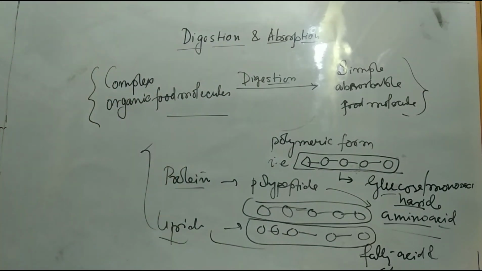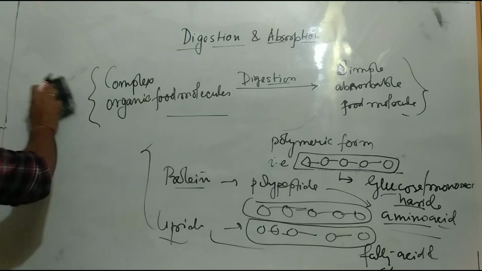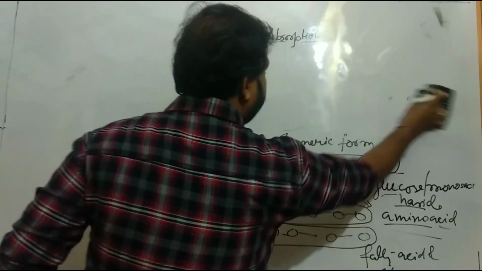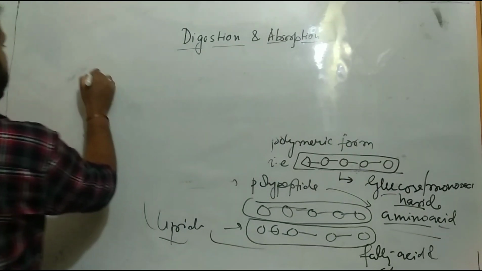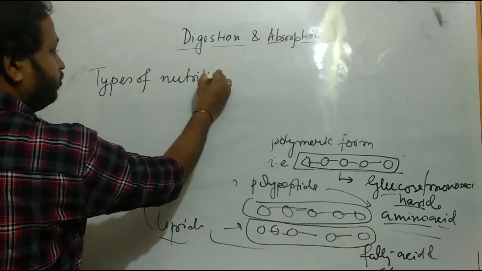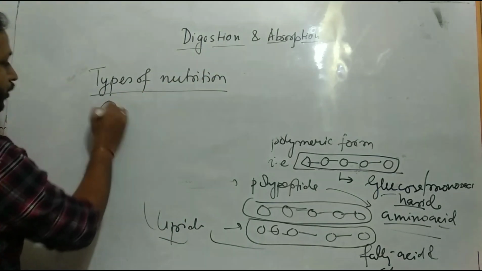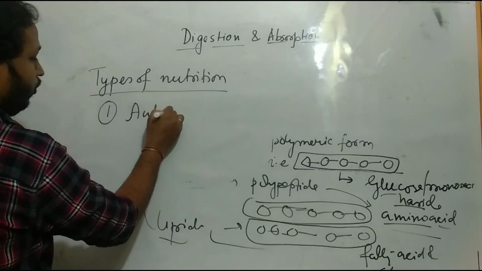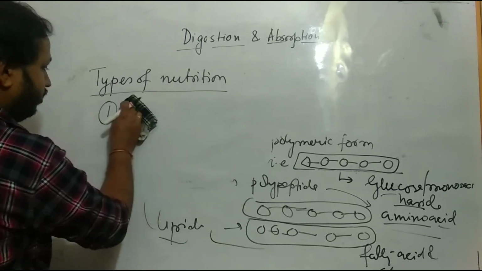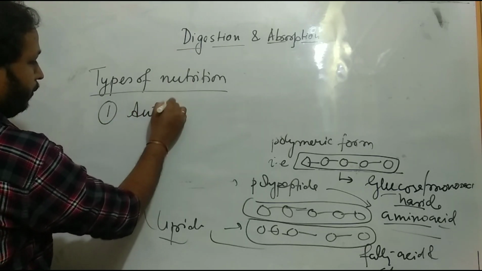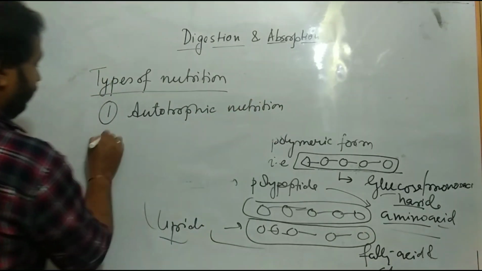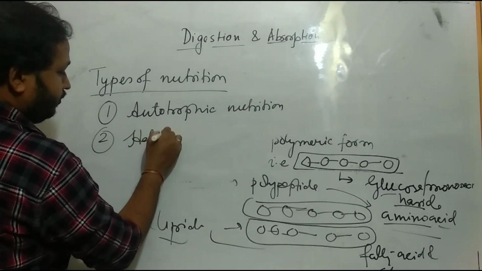Before I proceed further, I would like to tell you something regarding nutrition. So first we need to know what the types of nutrition are. Basically, there are two types of nutrition. One is called autotrophic nutrition, and the other is heterotrophic nutrition.